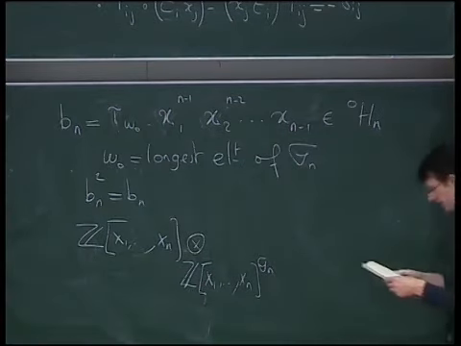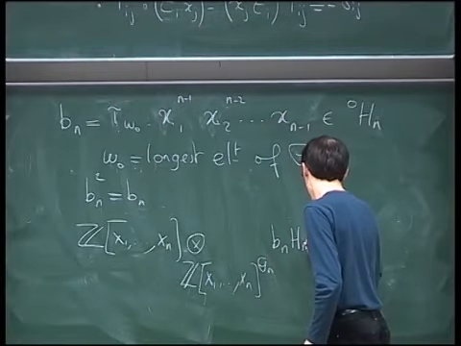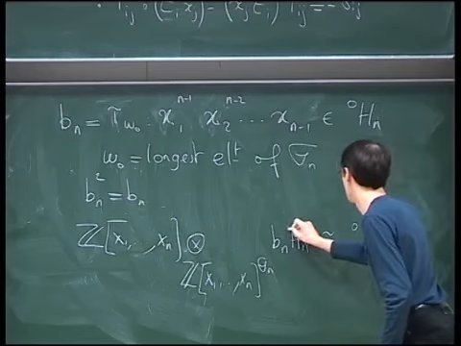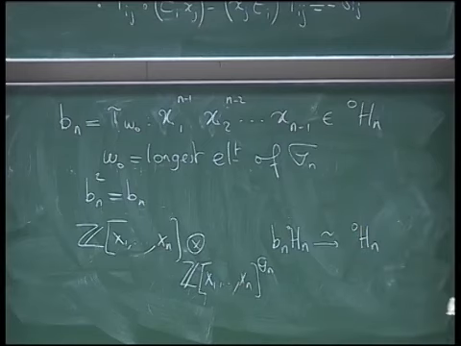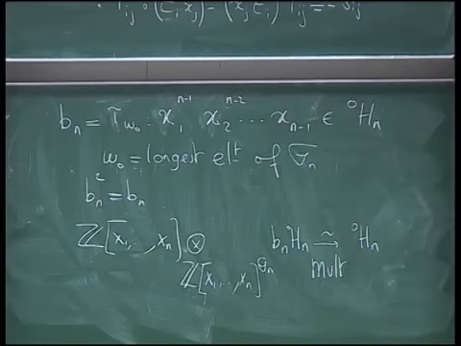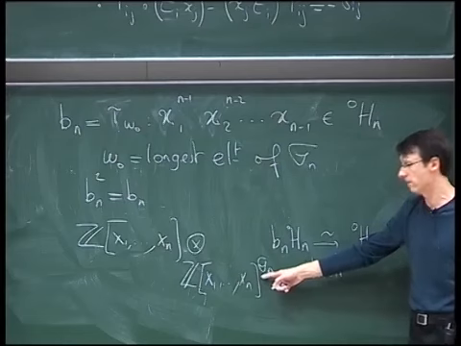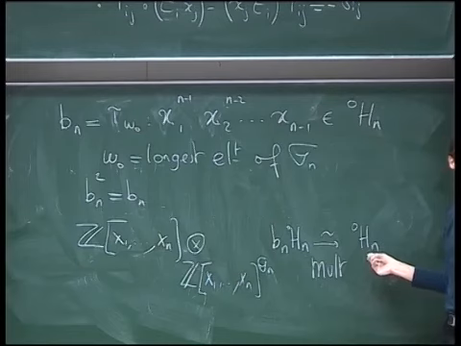So if you truncate your algebra by this idempotent b_n, you get your algebra back. So there is an isomorphism like that given just by multiplication. So this here is a bimodule for the left action of invariant polynomials and the right action of the algebra itself.